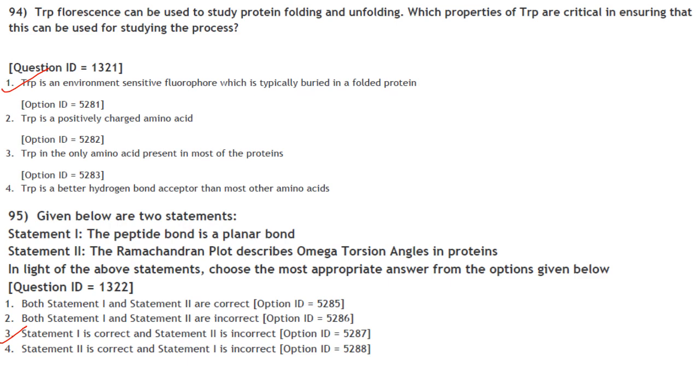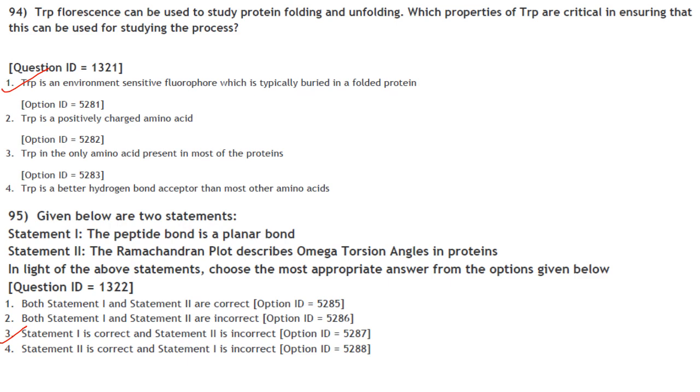TRP is the only amino acid present in most of the proteins, and TRP is a better hydrogen bond acceptor than most other amino acids. Answer is option A, that is TRP is an environment sensitive fluorophore which is typically buried in a folded protein.